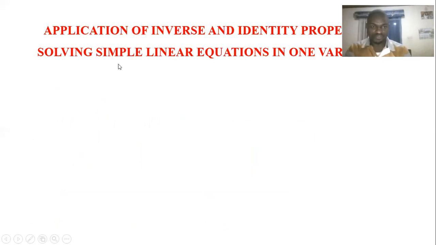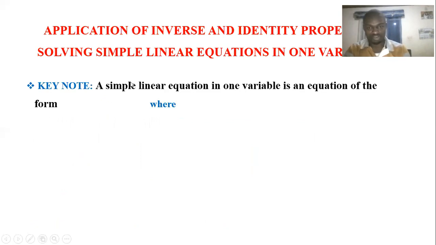We now use these two properties explained above to solve simple linear equations in one variable. And to do this, we need to first of all recall what a simple linear equation is.